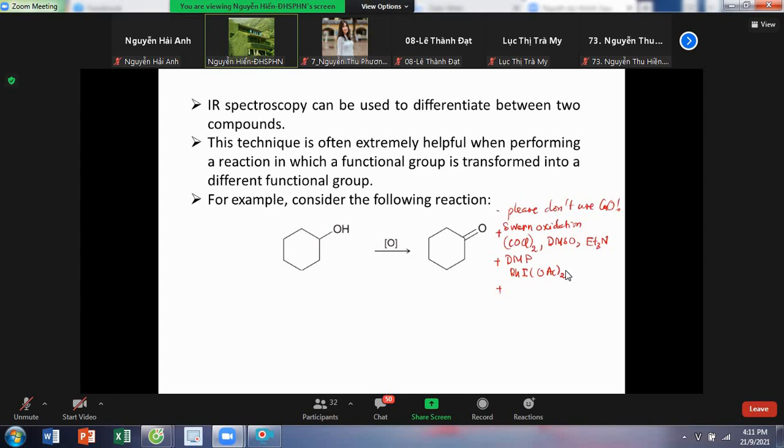Or you can use PCC. PCC is chromium 6, but it is not so easy, so you have to use this. You should use this one.